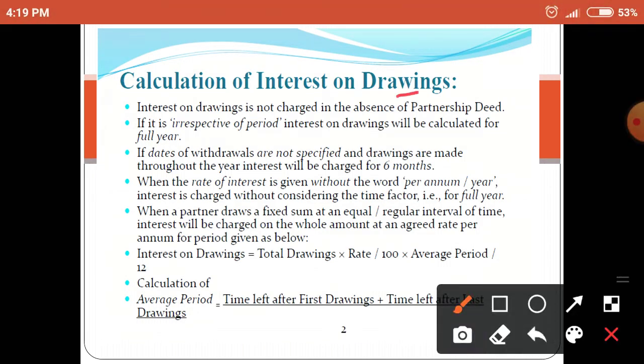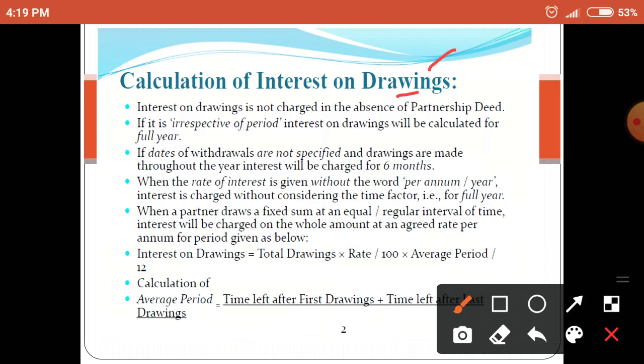So what is drawing? Drawing is nothing but the amount withdrawn by the partner from the business for his or her personal use or domestic use. It is called drawing. It means the partner has to pay interest to the business.